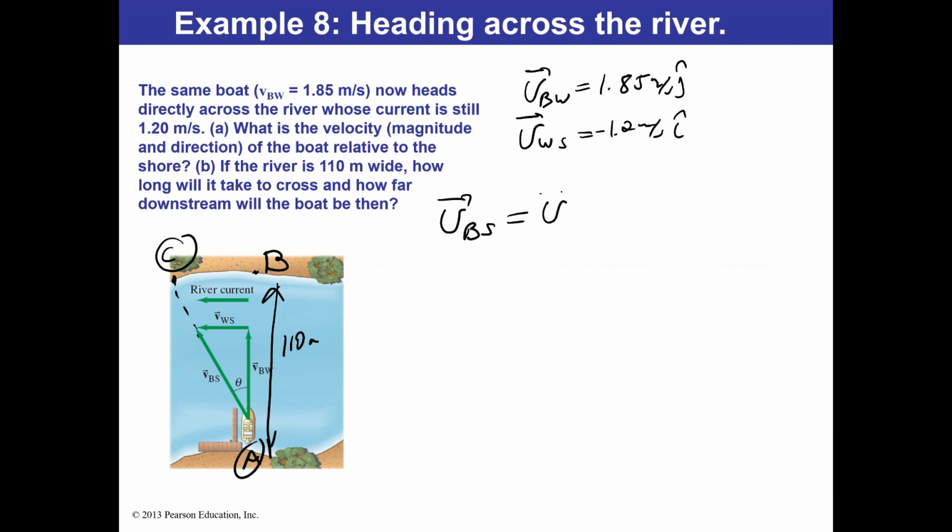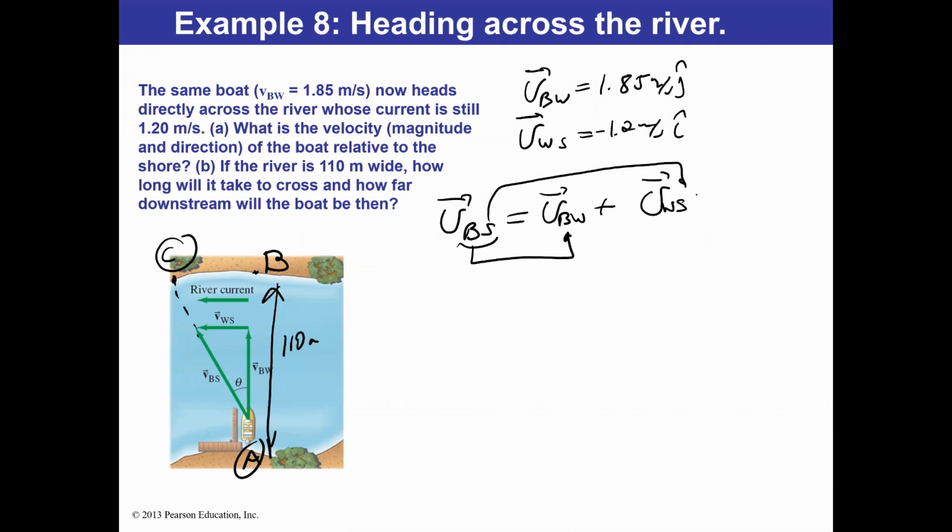Well, this will be the sum of two different velocities. Remember, this should be the first one here, and that should be the last one over there, which means between them I have to put the third one, which is not part of this, and that's the water. So velocity of the boat relative to water plus velocity of the water relative to the shore.